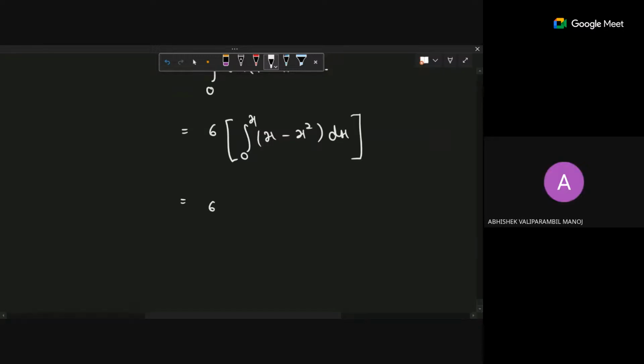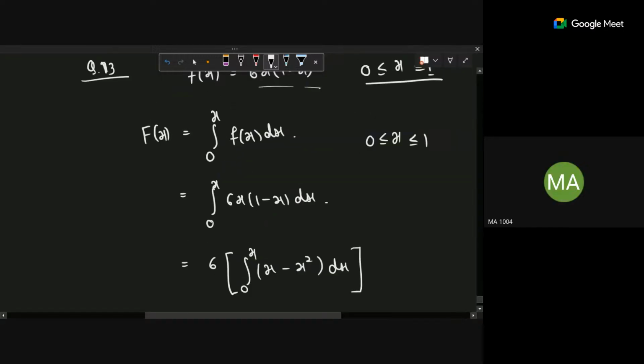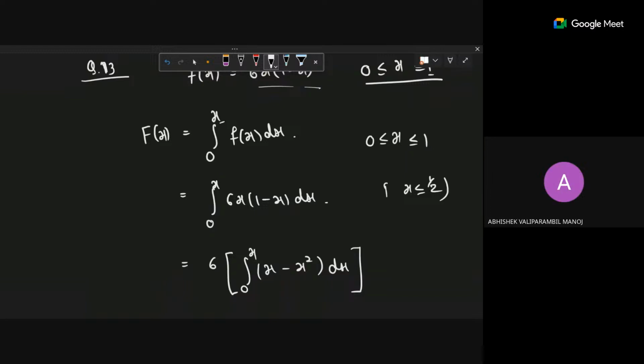Please explain the limit once. See, our x is any point lying between 0 and 1. If you fix the limit as 1, then integrating our PDF over the whole support set has to give the answer 1, because that is ultimately the sum of all the probabilities. But what if someone asks, what is the CDF at the point 1 by 2? Integrate from 0 to 1 by 2.